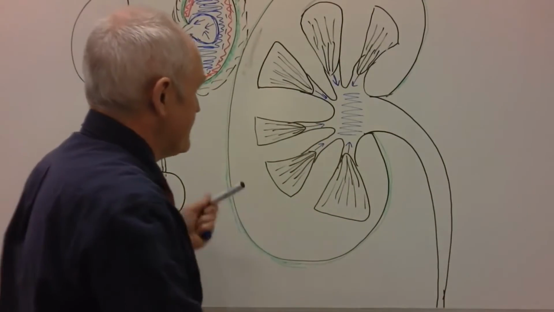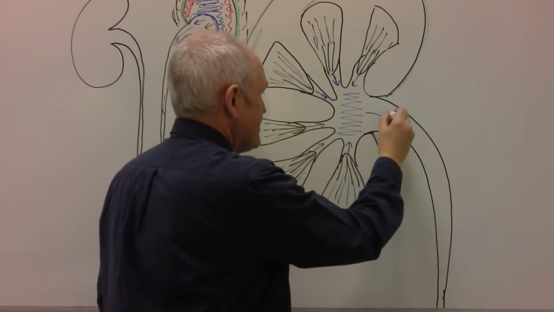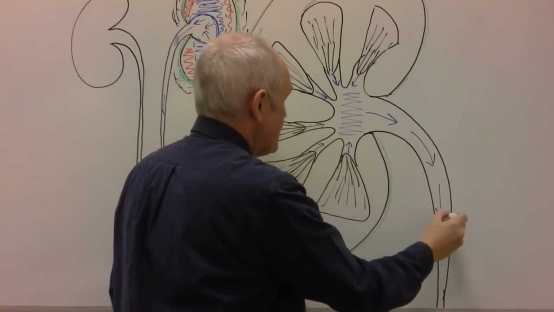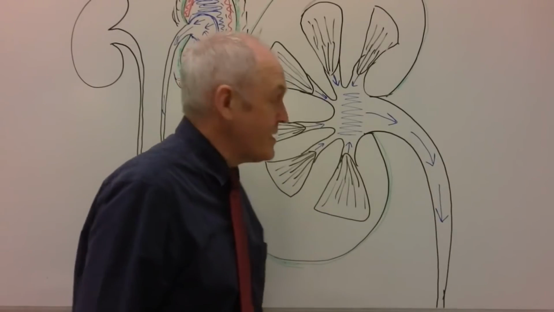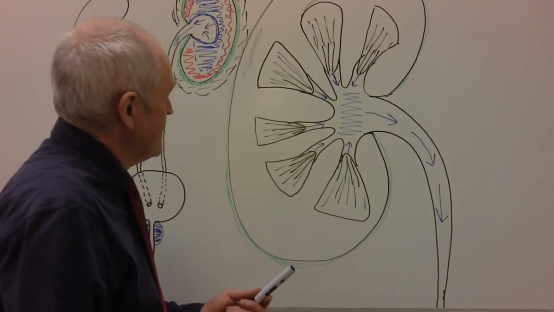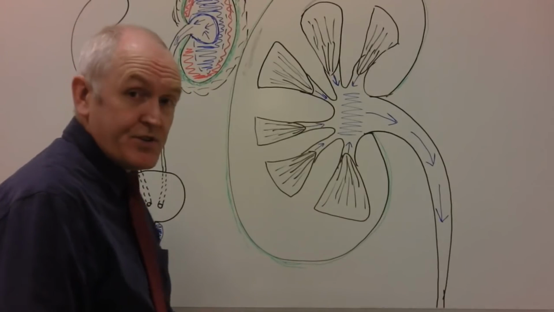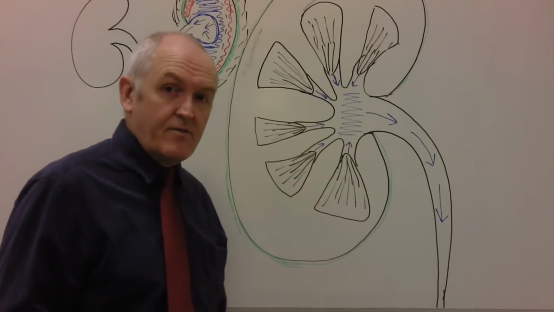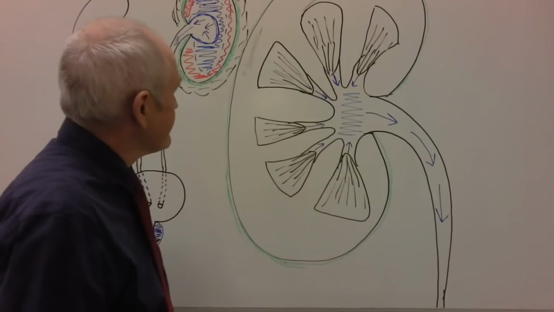So once the urine enters the pelvis, it'll pass into the ureter and be peristaltically transported down towards the urinary bladder for storage prior to passing, which is the process of micturition.